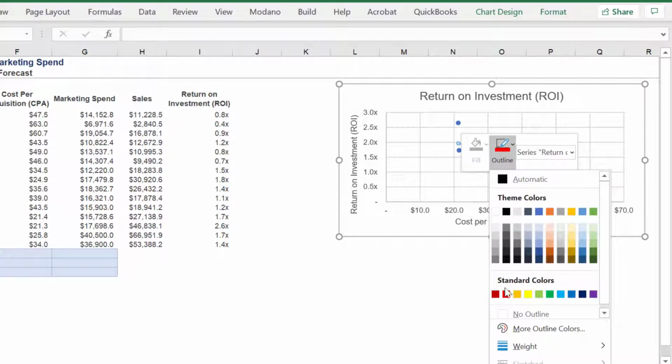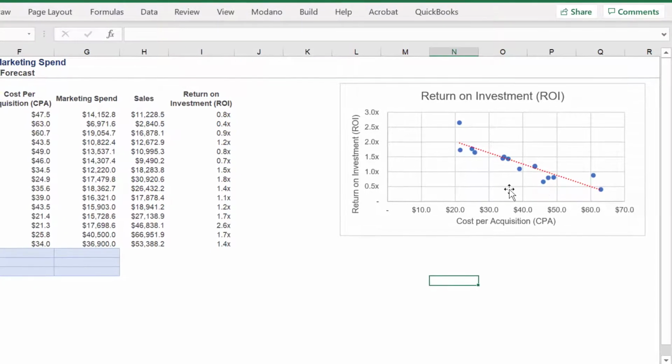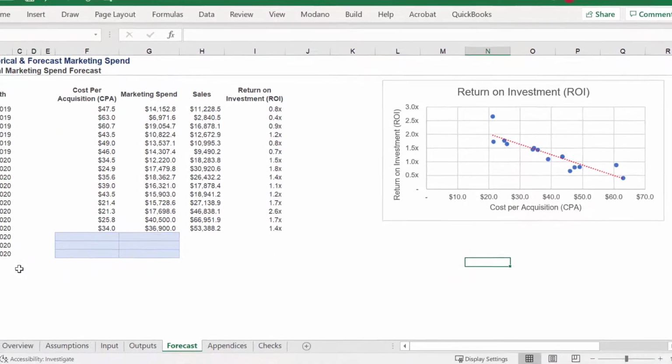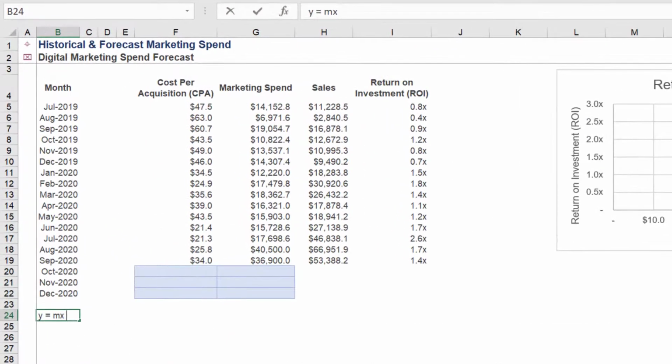Let's format the trend line in red to make it more visible. We can begin on composing our formula to derive Y, or in this case, the ROI, based on projected CPA. Where M is the slope of the data set, and B is the intercept between the X and Y data, which is the historical CPA and ROI metrics respectively.